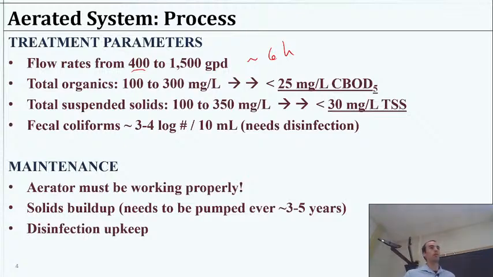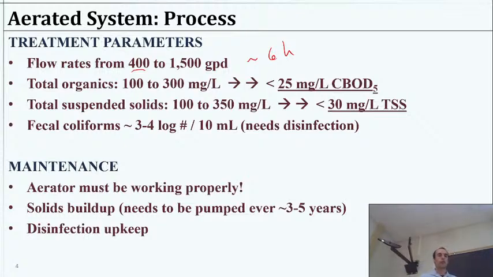Maybe everybody goes to school or work or whatever. And then in the morning and evening for showers and laundry, maybe weekends. Some people do all their laundry on the weekends, so you have 1,500 gallons per day on Saturdays and 300 on other days. It can be quite variable. So these are the general designs then.